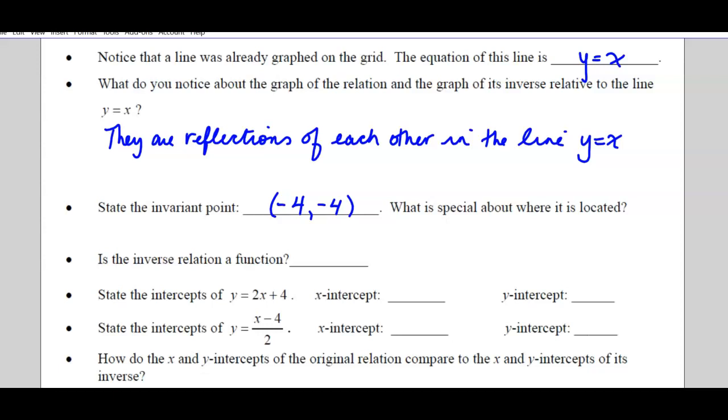So in an inverse, when you're looking for invariant points, the coordinates of that invariant point are exactly the same number. If they are not, then it's not on the line y equals x. In this case, the relation is a function.